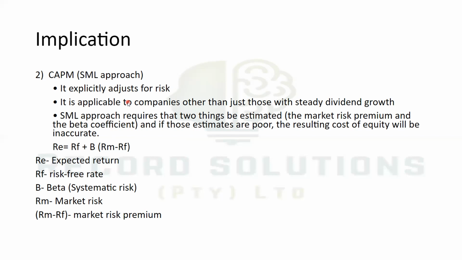And then RF is the risk-free rate. So what is the risk-free rate? It's a rate offered by sources of finance that are risk-free, things like government bonds or treasury bills.